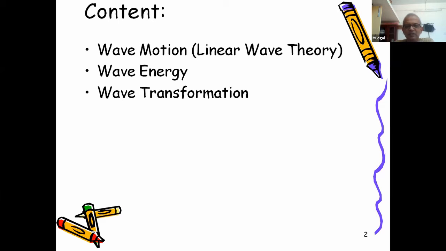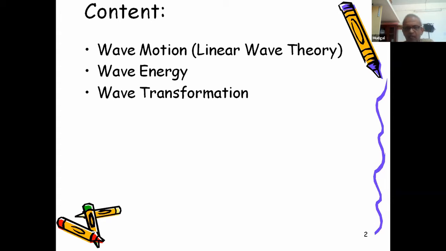In this wave motion, we will derive what is called the dispersion equation. Then we will look at how much wave energy is carried per unit wavelength, and then a brief glimpse of wave transformations. I am not touching upon the structural aspects because there are speakers to follow me who would touch upon the structural aspects of offshore engineering.